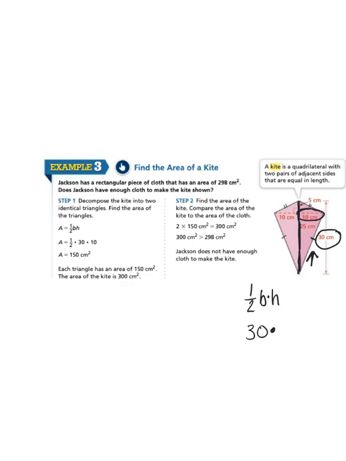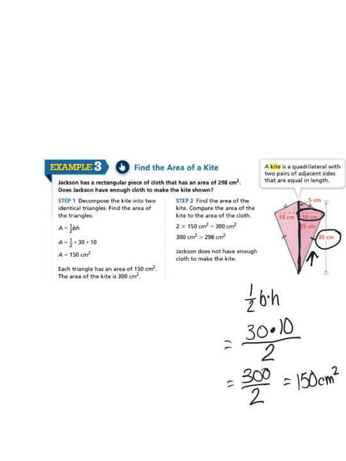Here's the height, 10. And remember, whenever we're multiplying by 1/2, we're really dividing by 2. So 30 times 10 is 300, divided by 2, which is 150 centimeters squared.